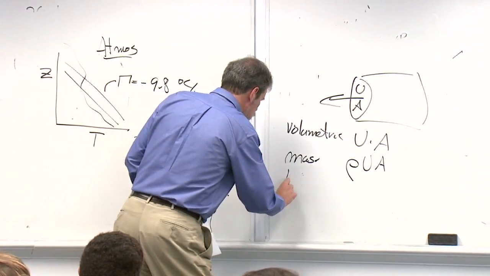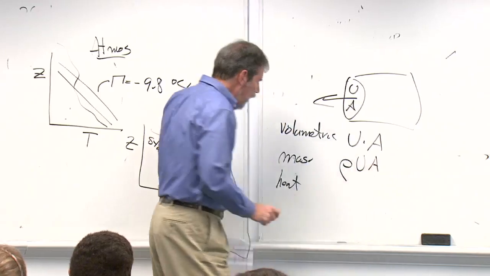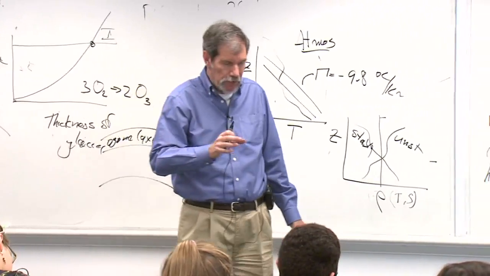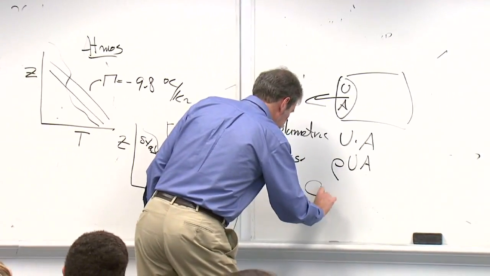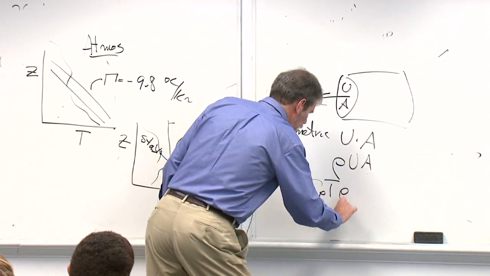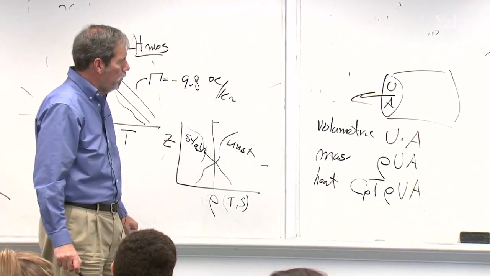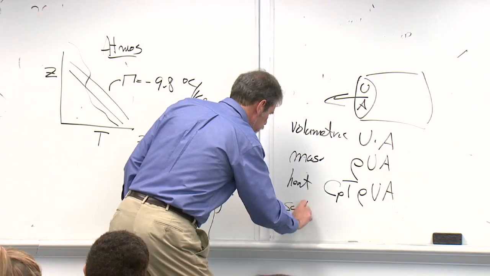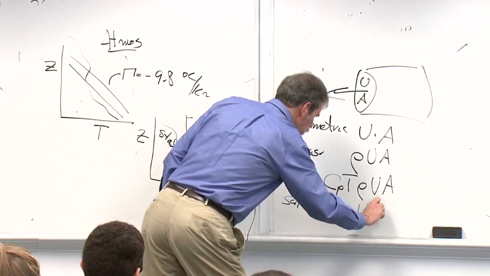The heat that you're pushing through the pipe, well, we got the mass flow rate, and we know that the amount of heat stored per unit mass is CpT. So this is heat capacity times temperature times rho UA. If that's water and you want to know how much salt is being transported, well, it's the salinity times rho UA.